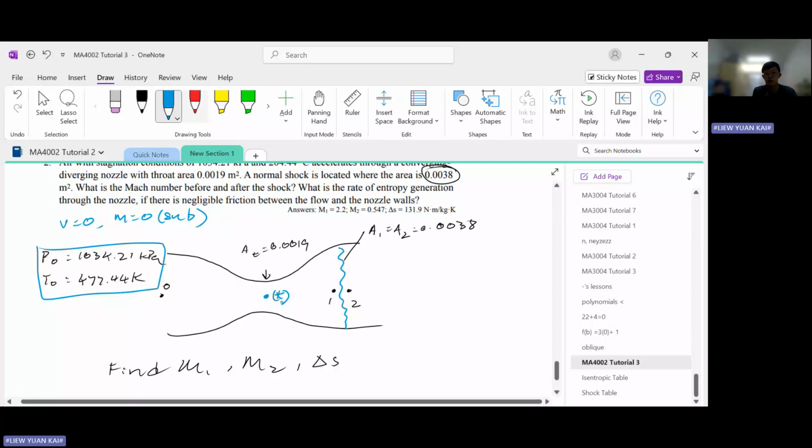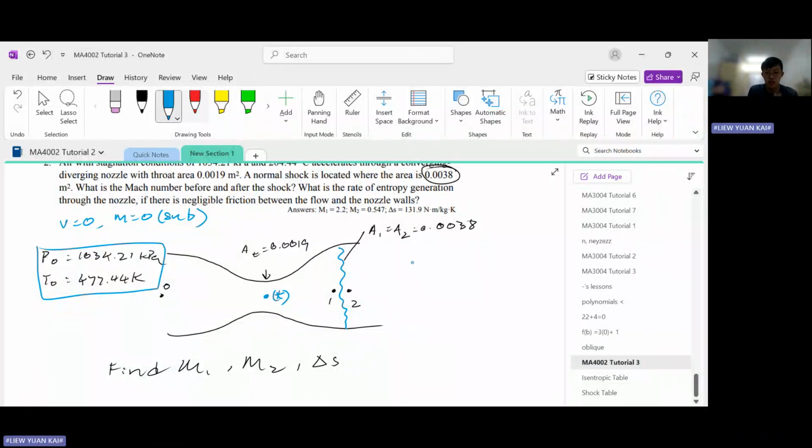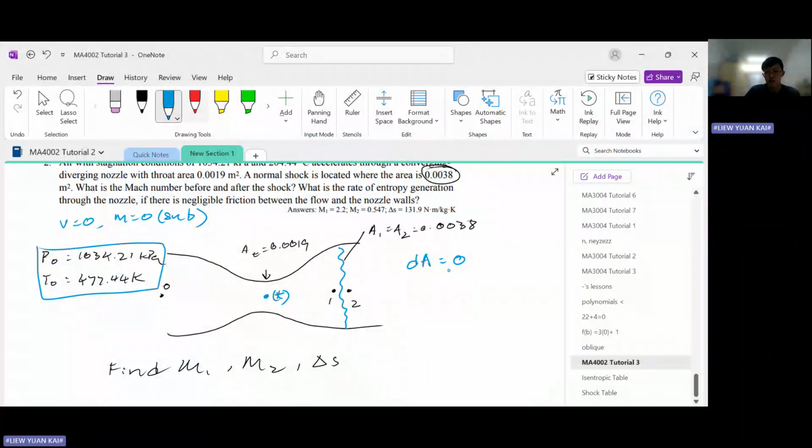You must remember from the earlier lectures that for a converging diverging nozzle, critical condition will only occur at the throat. This is because critical condition must necessarily occur where the cross-section area reaches a stationary value, in other words, when dA is equal to 0, and this happens at the throat of a converging diverging nozzle.